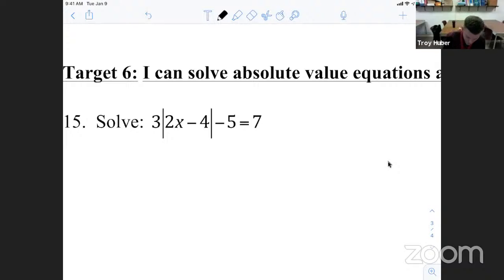Well, here's what I want to do first. I want to try to isolate this absolute value to get it by itself. So I'm going to get rid of that -5. I'm going to go ahead and add 5 to both sides.